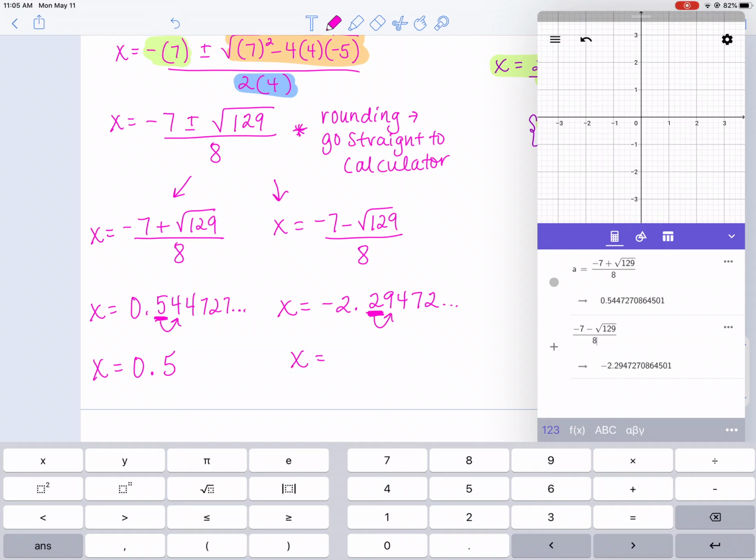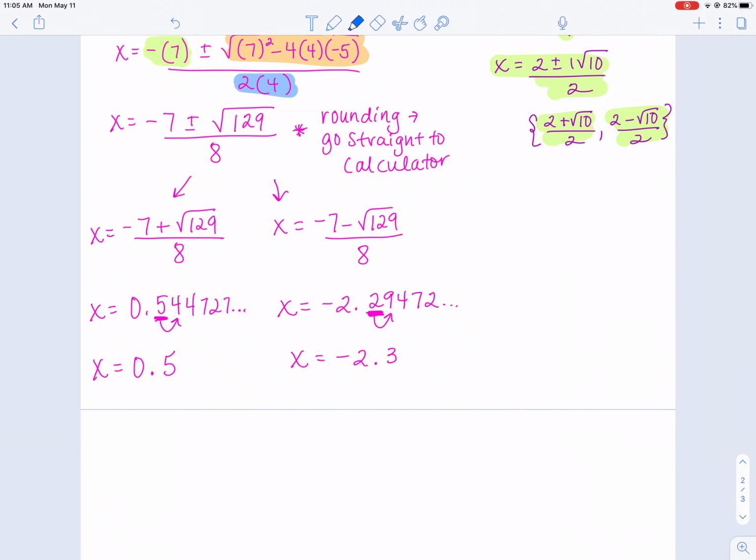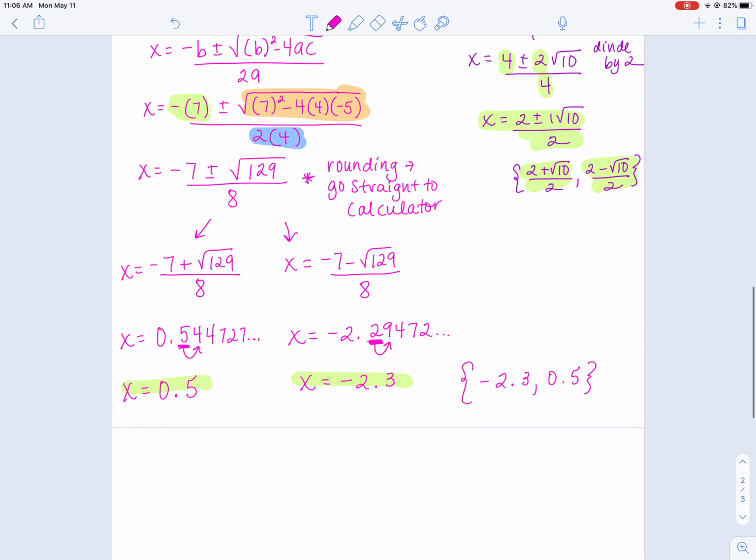That makes that next number go up 1, so it becomes negative 2.3. And those are your two solutions. You could show it as a solution set as negative 2.3 and 0.5. The order of them does not matter because they're both x values. It's not an x and a y.